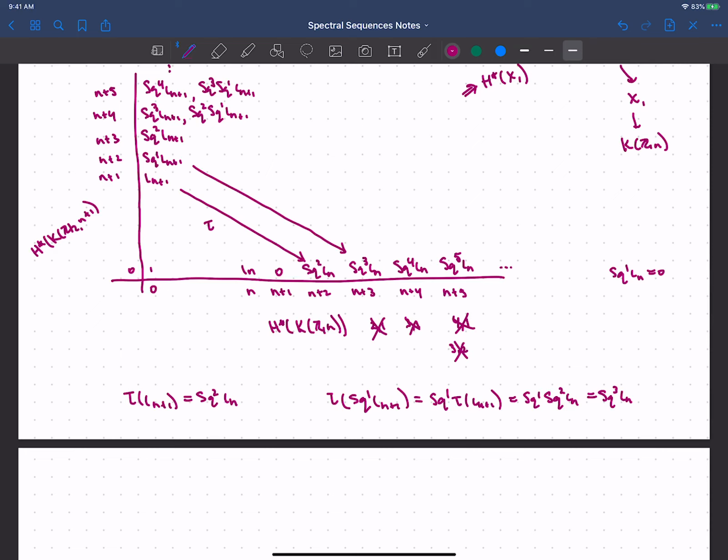And so yes, that one transgresses to Sq^3 ι_n.